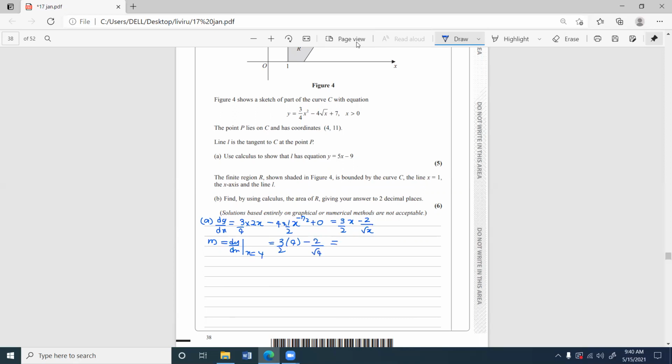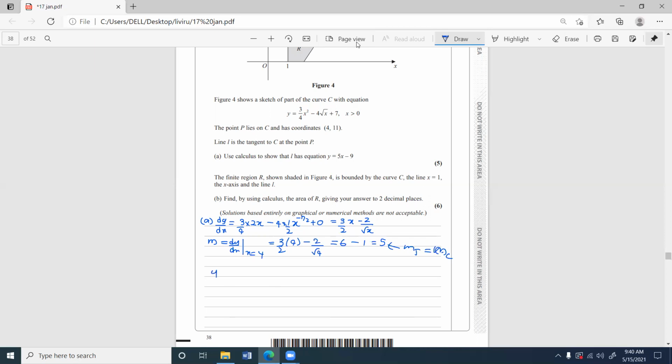It turns out to be 12 over 2, which is 6, minus 1, equals 5. Now the gradient is 5. The gradient of the curve and the gradient of the tangent are the same, because the gradient of the tangent and the gradient of the curve at that point are equal.